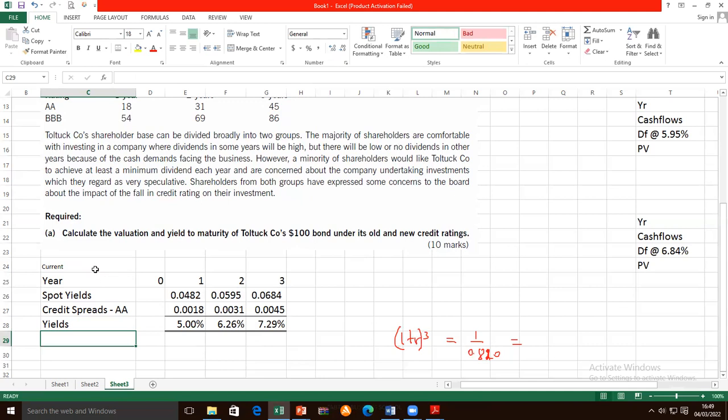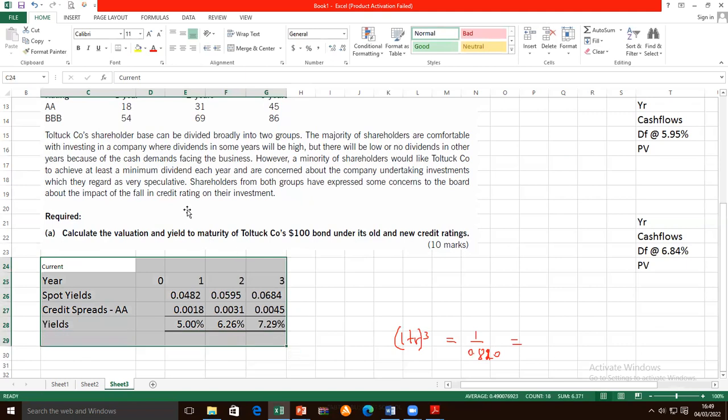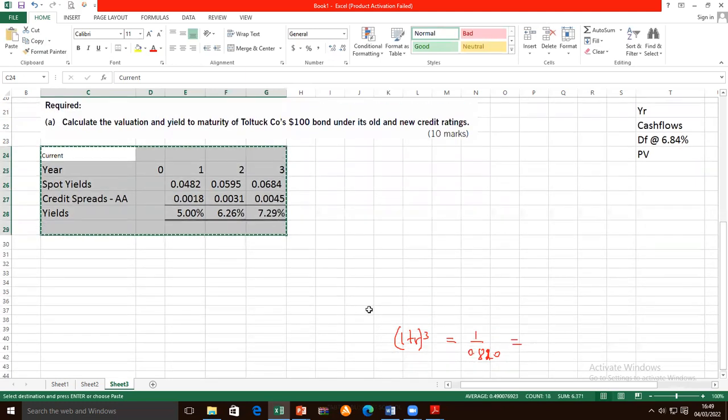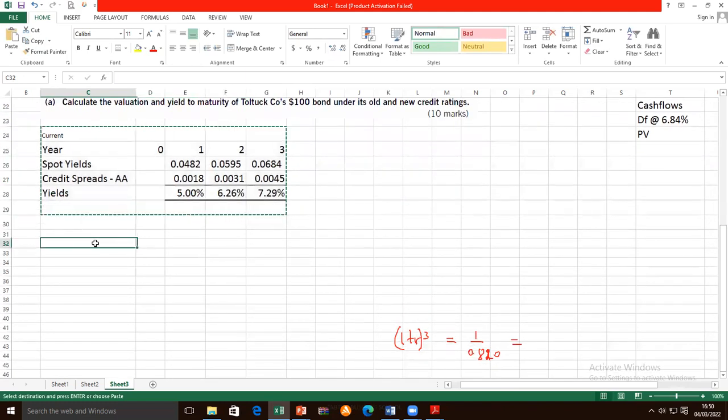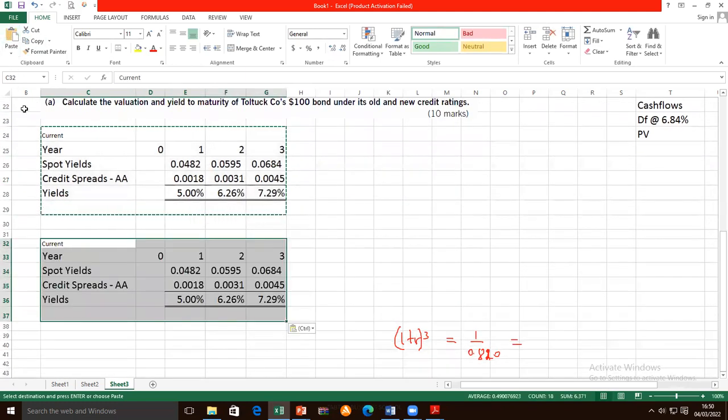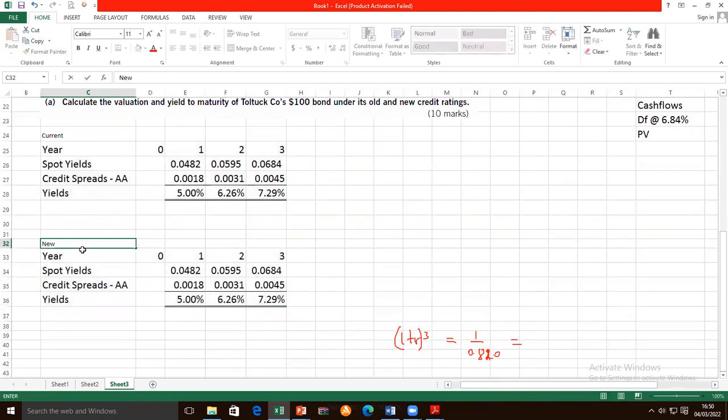But after the change, what happens? The credit rating is now being changed. So let's change the credit rating. New rating.